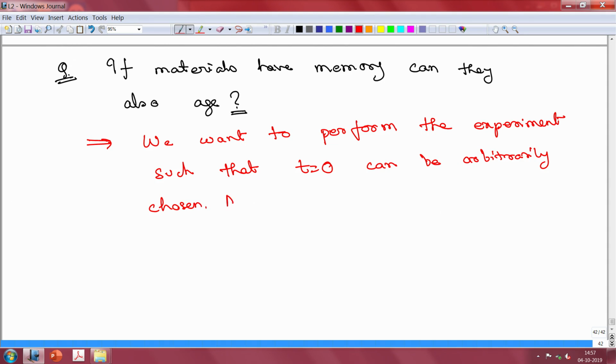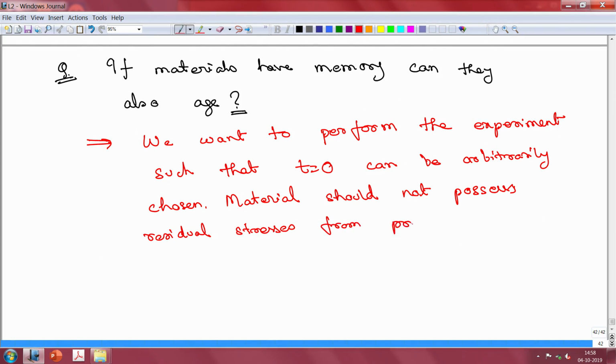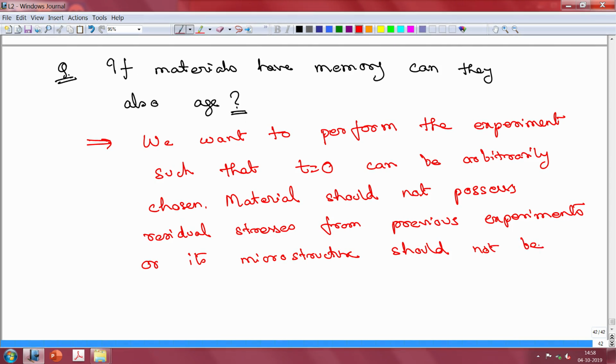So, the material should not possess residual stresses from previous experiments, or its essential microstructure should not be changing as a function of time.